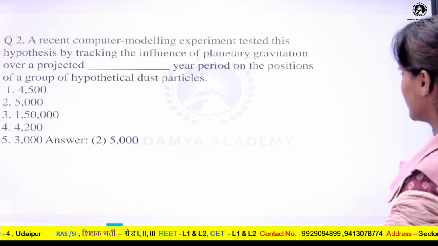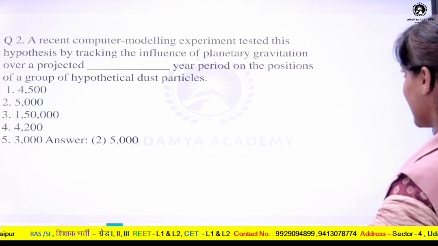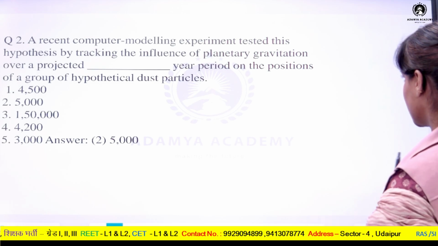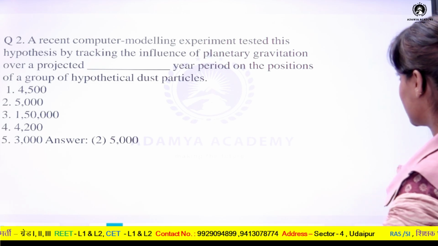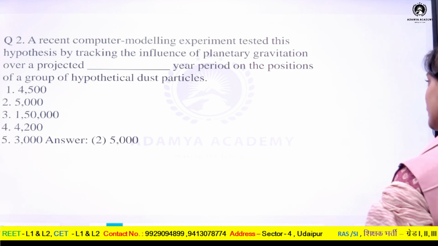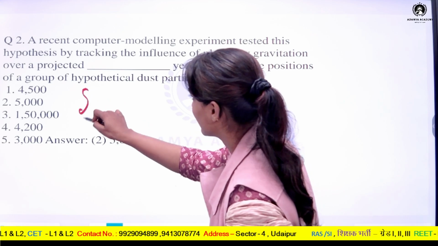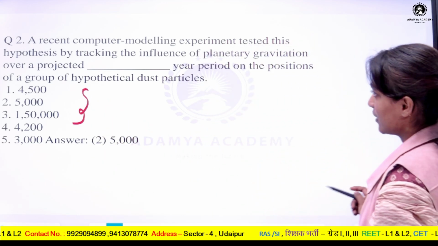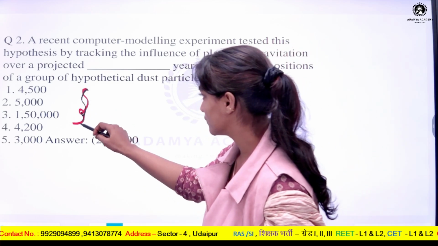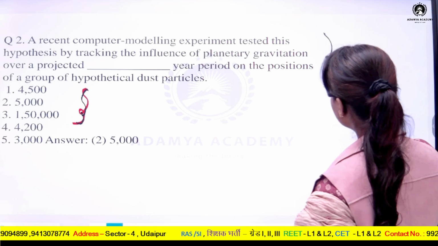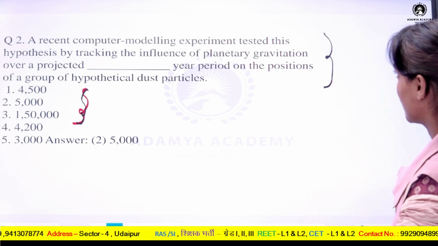A recent computer modeling experiment tested this hypothesis by tracking the influence of planetary gravitation over a projected -year period on the positions of a group of hypothetical dust particles. So here the answer is numerical. So we can look into the passage and see where these numbers are. Whenever we see these numbers, we can correlate with the sentence and give the answer accordingly.